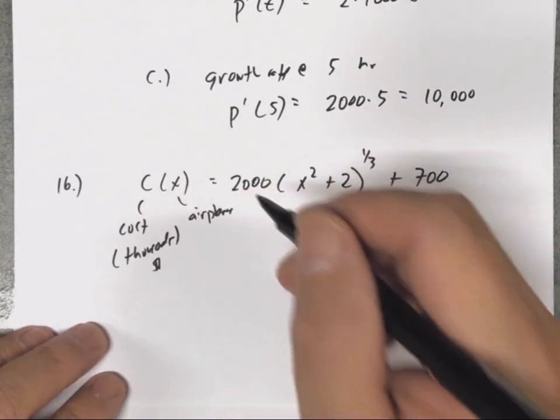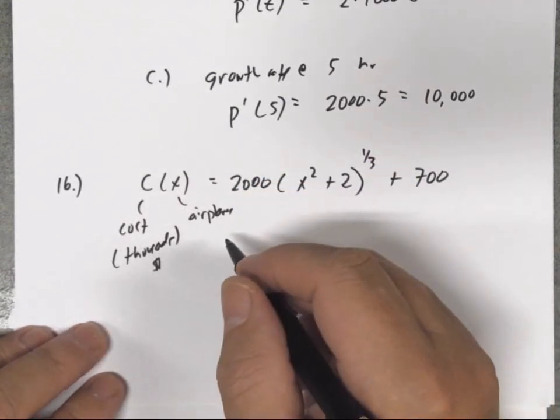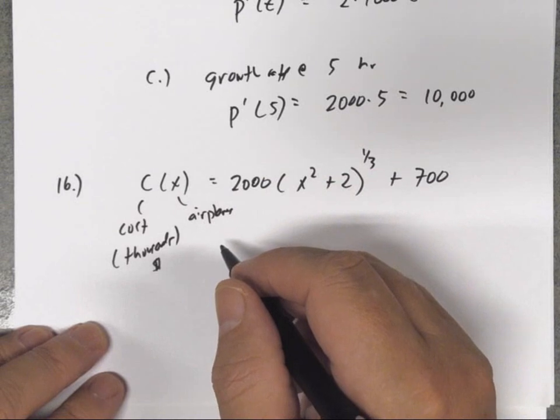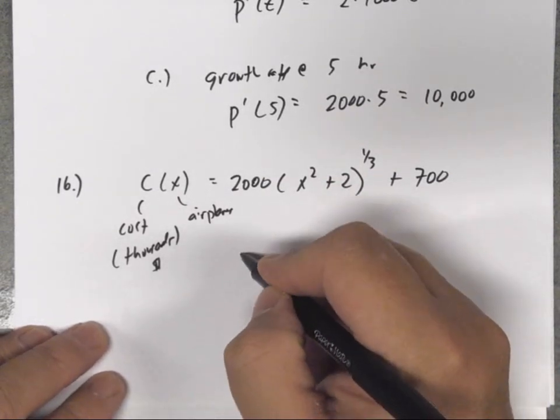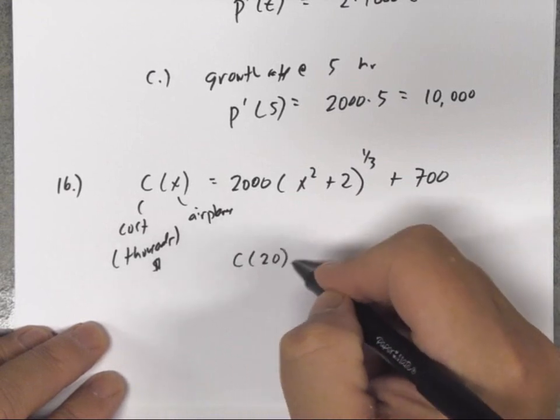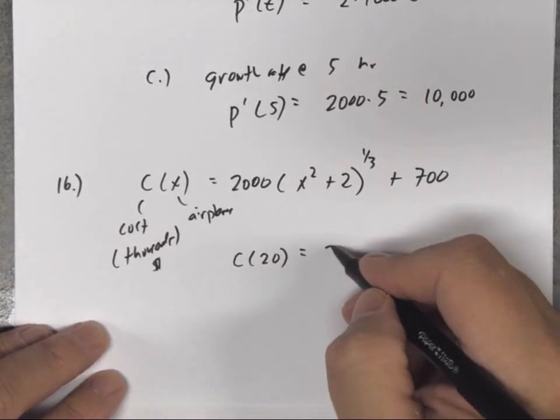Find the total cost to produce 20 airplanes and the rate at which the total cost is changing when 20 airplanes have been produced. So the cost to produce 20 airplanes would be just C of 20.